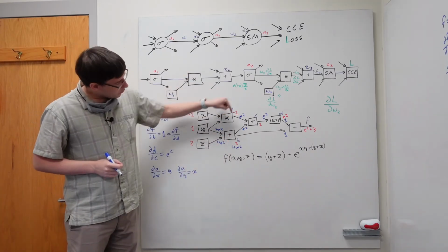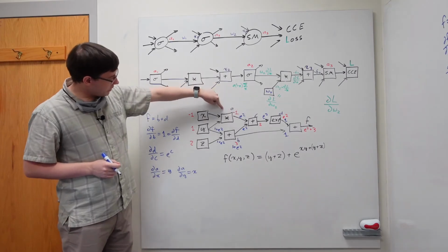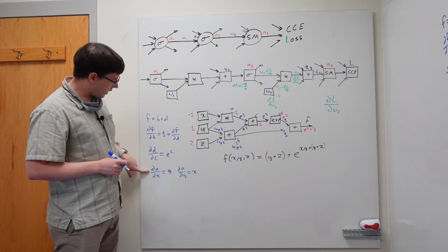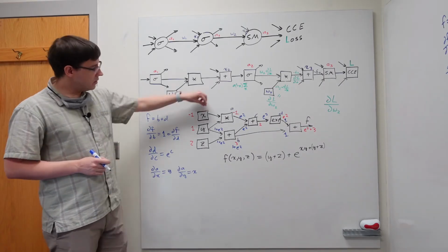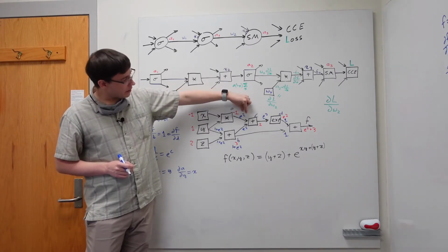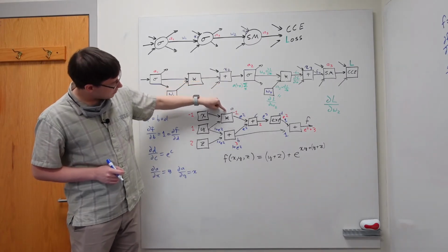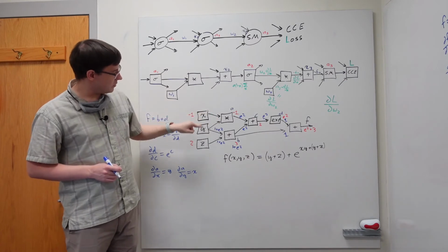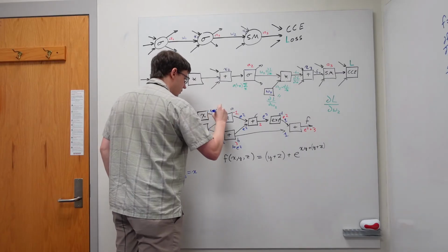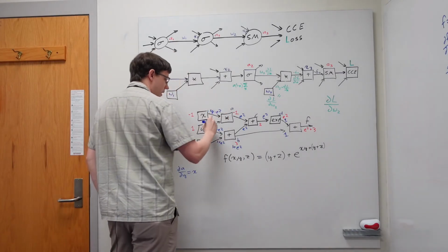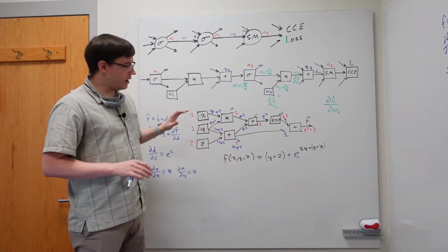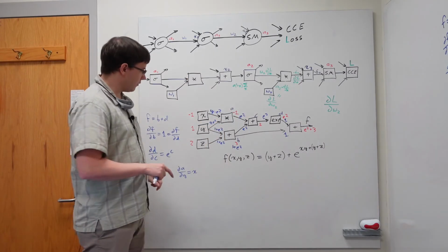For node A, we have e squared here, and we know that the partial derivative of a with respect to x is y, and with respect to y is x. So we will, using the chain rule, multiply the downstream derivative by the derivative of this with respect to each of its inputs. So here we get y times e squared, and here we get x times e squared. And so we know the values of x and y from our forward pass.